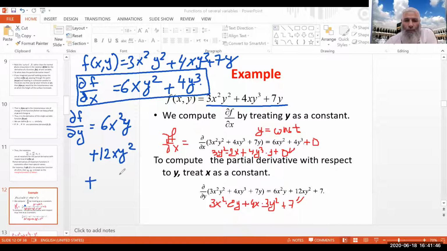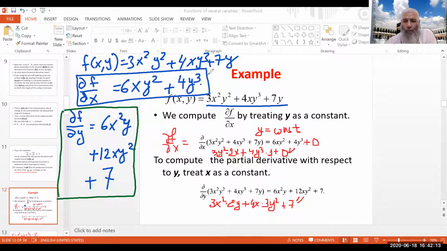Plus 7y: the derivative of y is 1, and 1 multiplied by 7 is 7. We are not taking the derivative relative to x. This derivative is with respect to y, not x.